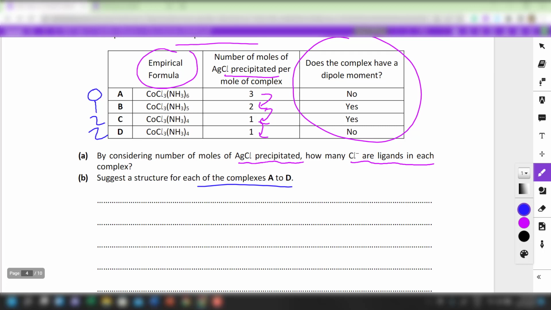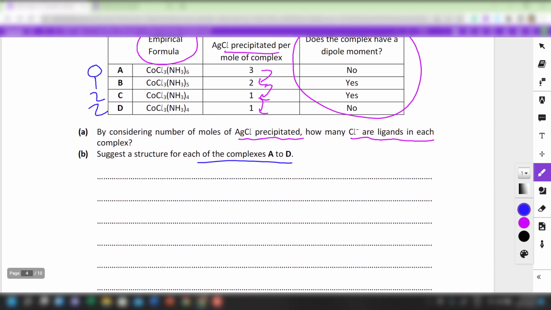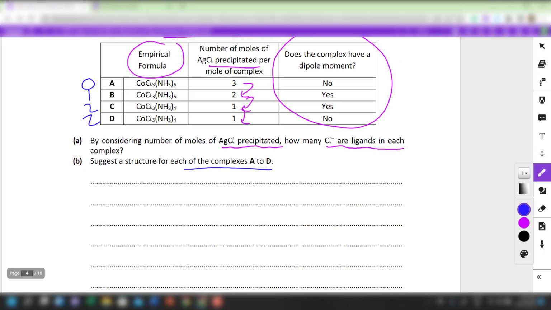Then for part B, suggest a structure for each of the complexes A to D. We are simply looking at the complexes, so there isn't a need for us to include the chloride counter anions. We just need to be a little bit careful about what we are drawing.